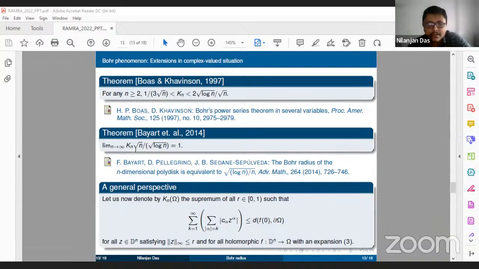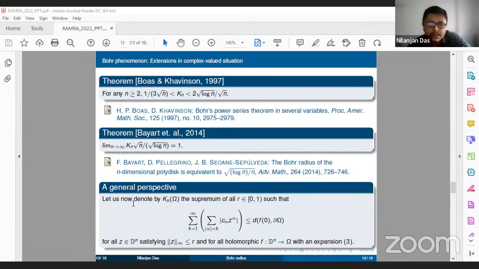Okay. So what we thought of doing is to extend this kind of result to functions that are defined on the polydisk but do not map inside D, but rather into a general domain.